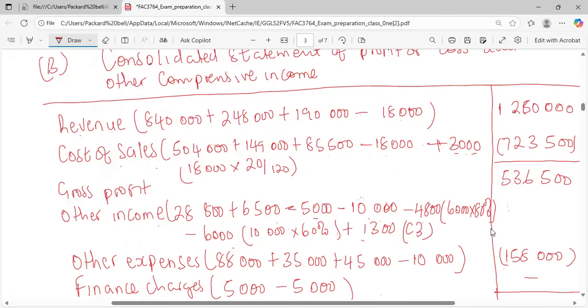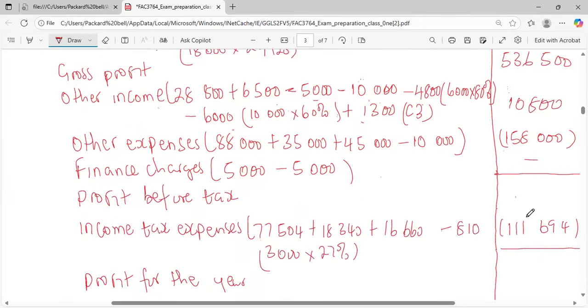How much are we going to have here? So this one is going to give us 10,800. Then our other expenses, we're done with them.